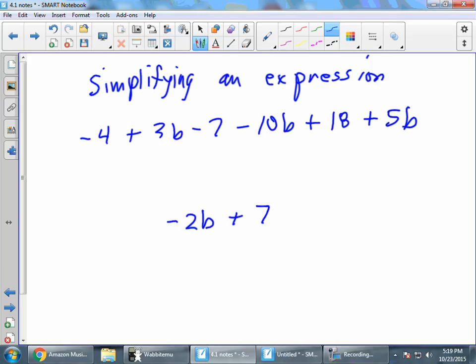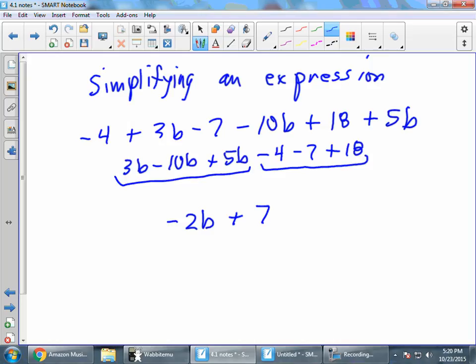Another thing you can do, and only when there's no division involved, subtraction's okay, you can group them together like 3b minus 10b plus 5b minus 4 minus 7 plus 18, and break it into two parts here and here.